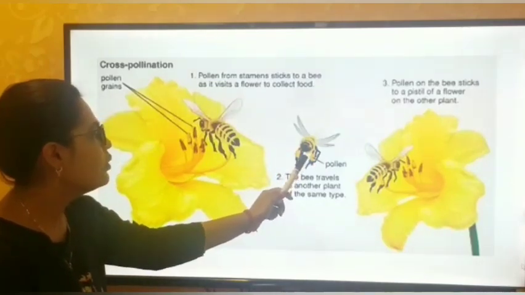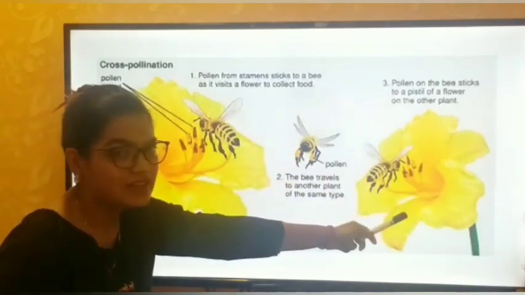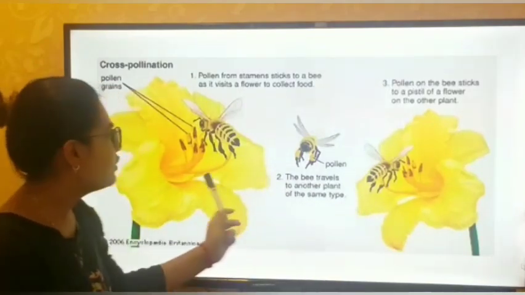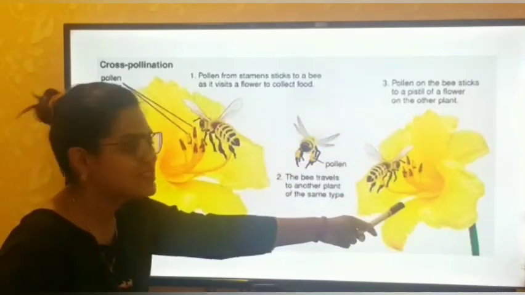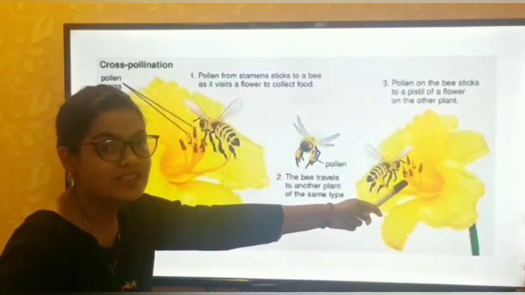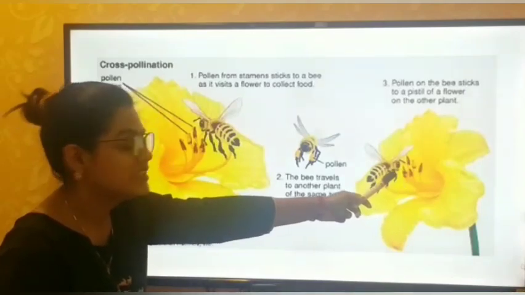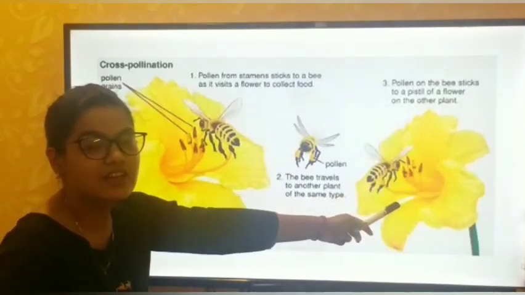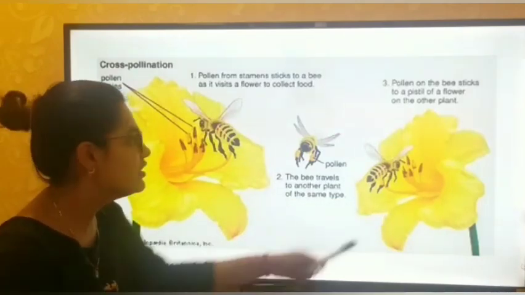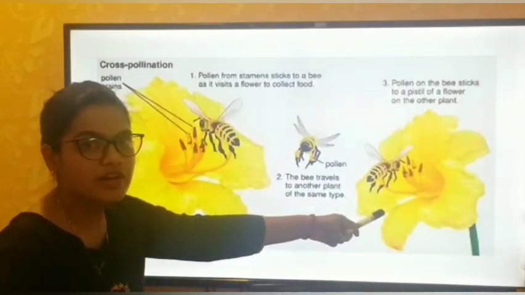Now this insect will move to another flower. This is one flower, this is the second flower. From one flower to the next flower, the insect will sit here, on the stigma. On the stigma, the insect will release the pollen grains, and with the help of the style, they will reach the ovary of the other flower.